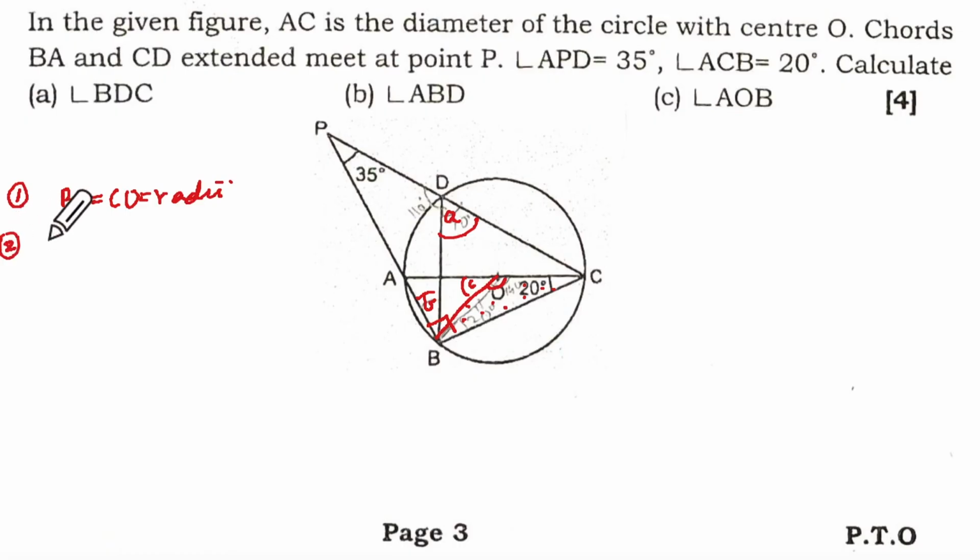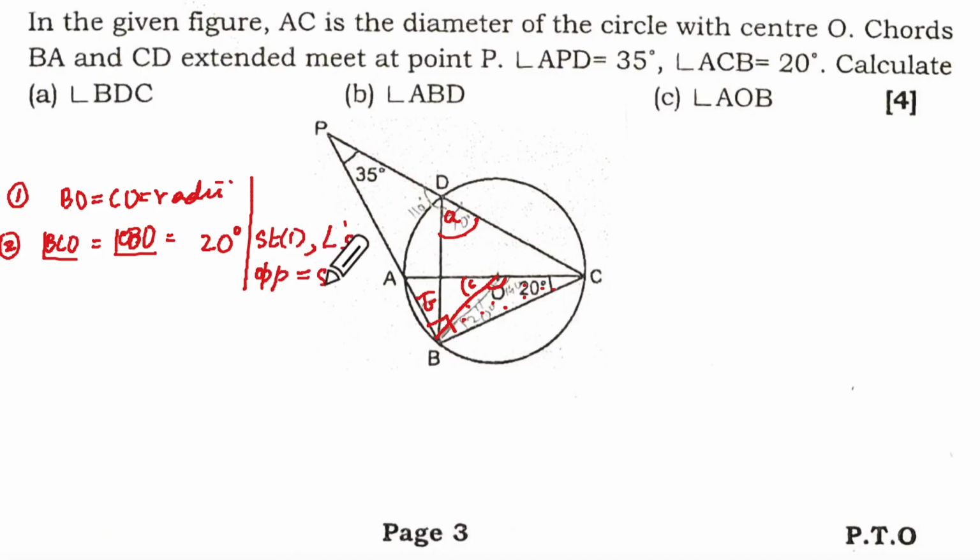So straight away you will say therefore angle BCO equal to 20 degrees. Now keep B in the middle, CBO. And what will you say here from statement 1, and what's the reason? Angles opposite to equal sides are equal. Very good.